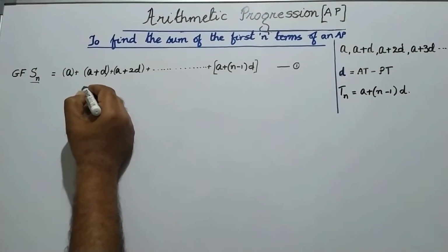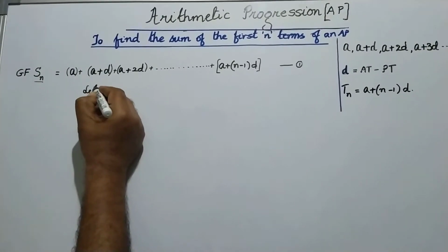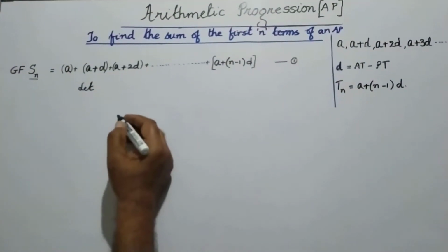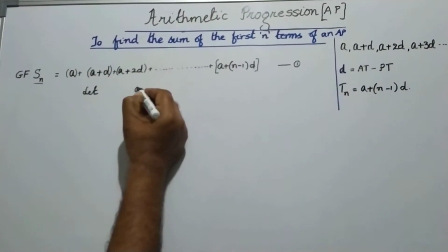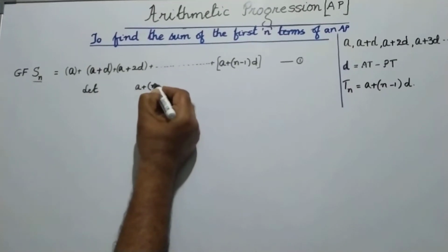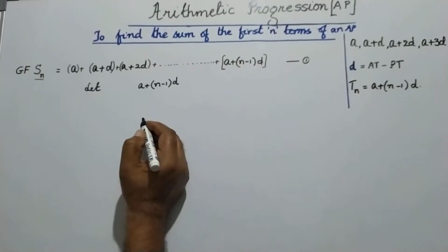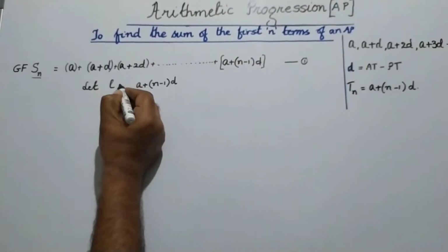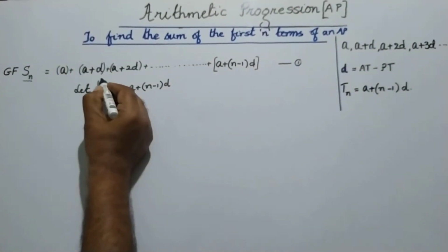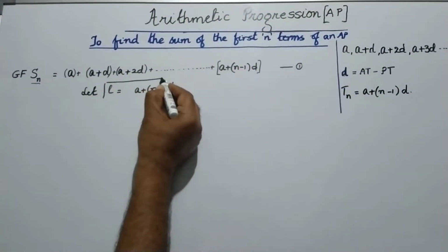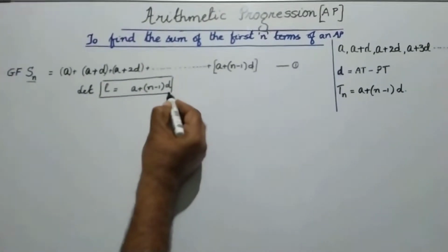Let us make a small change, and the change is a substitution. And what is the substitution? The nth term A plus n minus 1 into D, that nth term I will take as L. So this is the substitution that I am going to make in equation number 1.